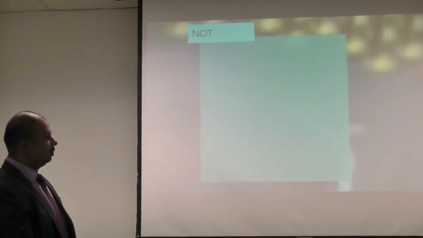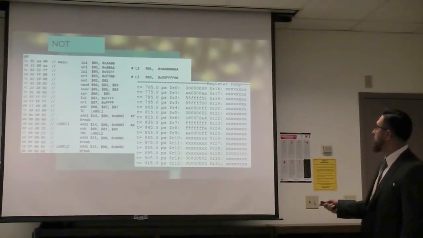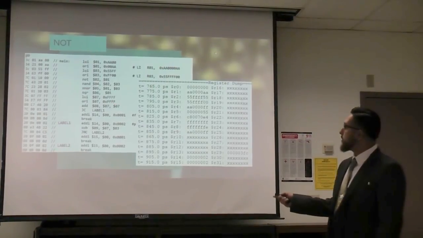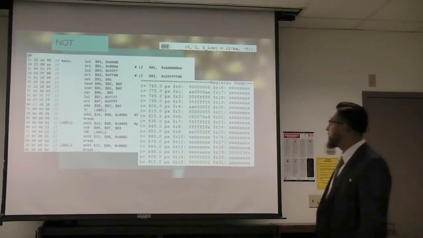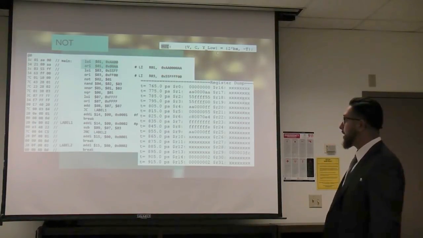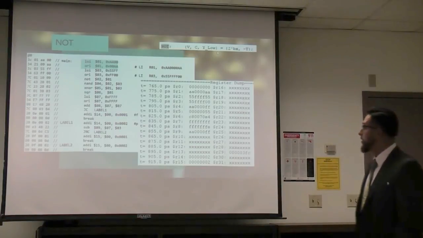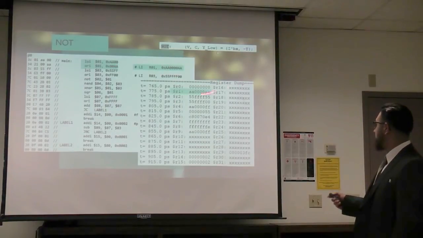So let's begin with our NOT instruction. This is our instruction memory, and this is our register dumps. As you can see, that is our source code Verilog hardware design. And what we're doing here is we're going to walk you through how this NOT instruction executes. For the NOT instruction, if you notice, LUI and ORI are loading that value into register 1, which we can verify by looking at the register dump.